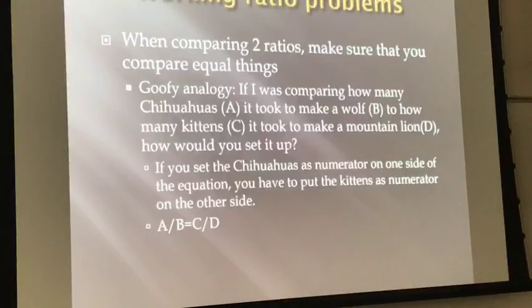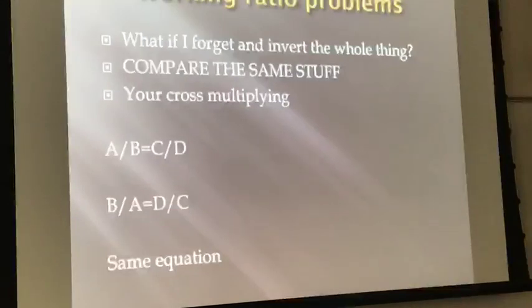So when you're comparing two ratios, make sure that you compare equal things. Like on your projected field size, you want to make sure that you align the same variable on both sides of your equation.